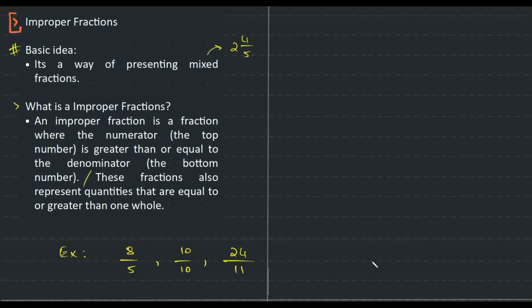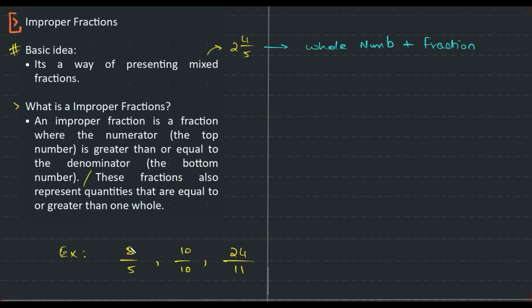So we just learned about mixed fractions. Mixed fractions are a combination of a whole number plus a fraction, right? So this is the whole number plus the fraction. An improper fraction is another way of representing a mixed fraction.